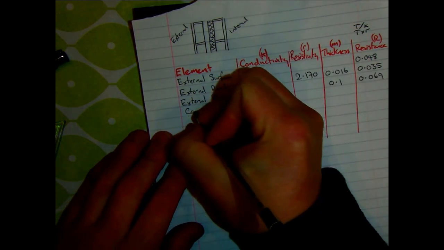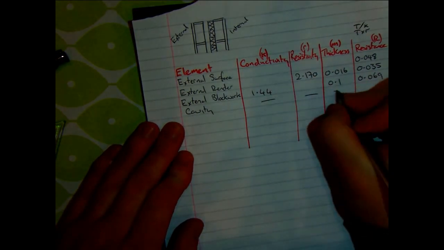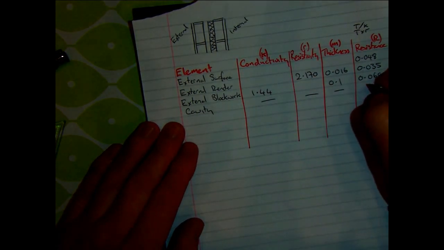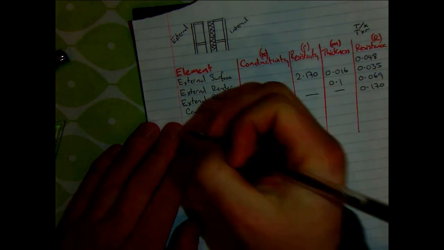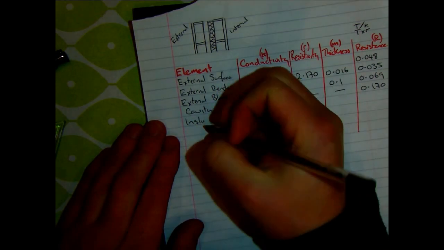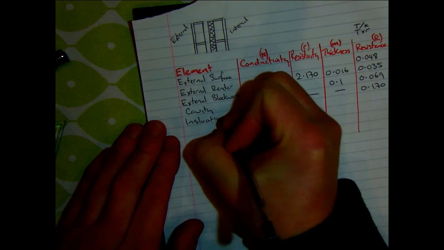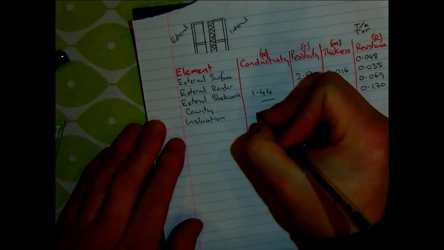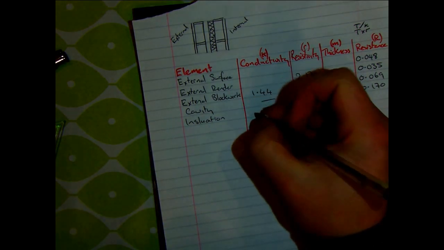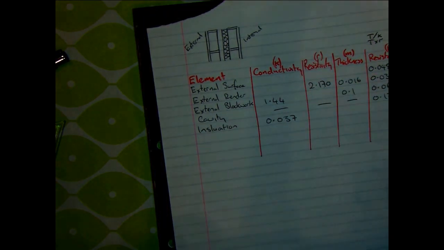We have our cavity then. Again, we don't have anything for that here, so we're going to go to our resistance straight away, and it's 0.170. Our insulation gives us a conductivity of 0.037.